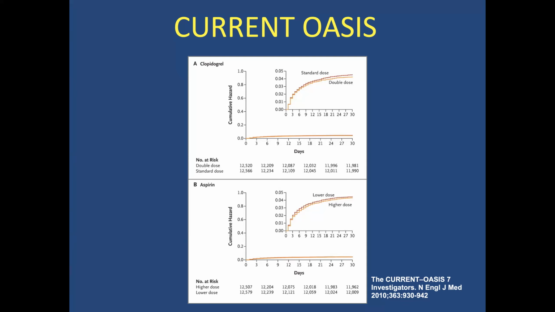And for aspirin, 325 or 81, there was no significant difference between those 2 doses. And so that's why 81 milligrams of aspirin is considered sufficient. And that's based primarily on the CURRENT-OASIS trial here.